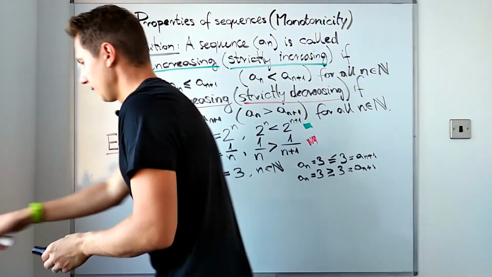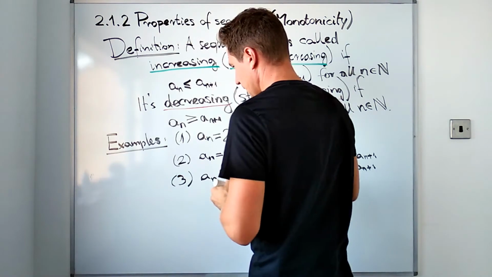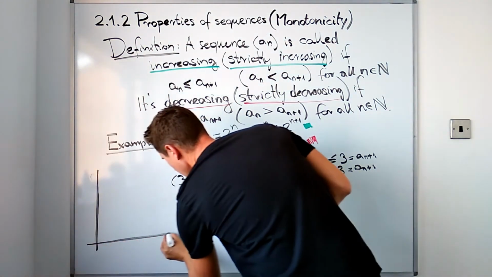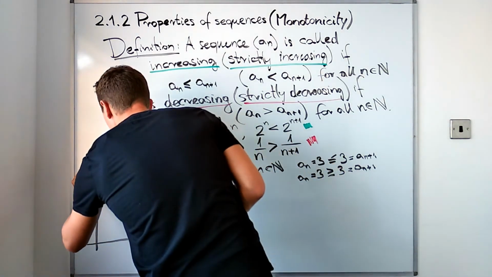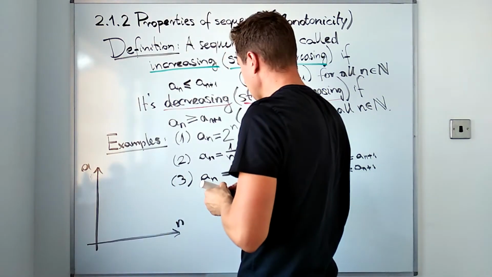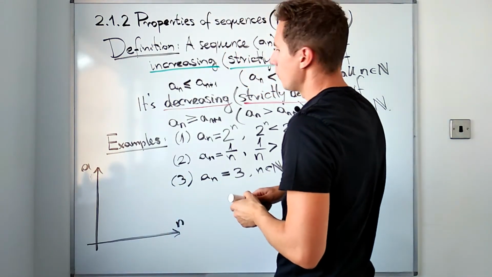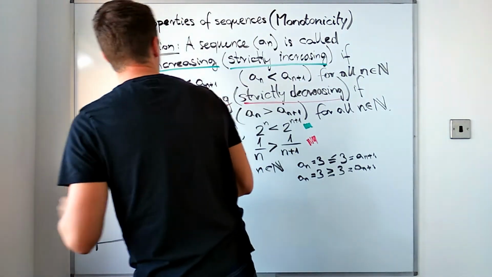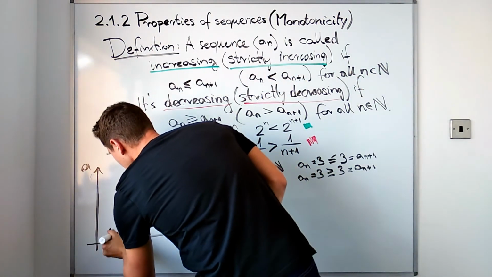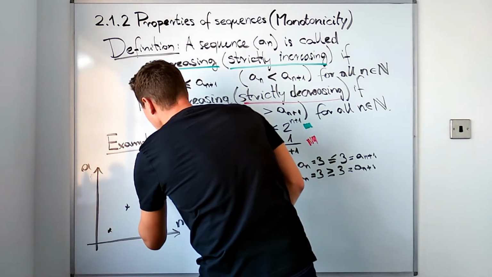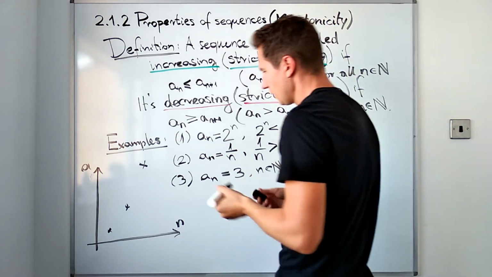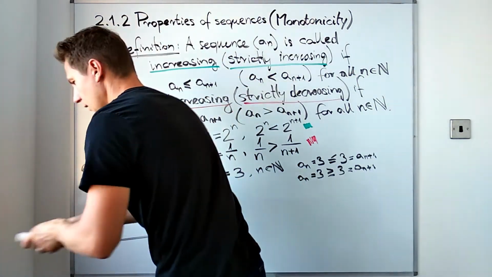Let me again use the visual representation, which I have used in the previous video, to plot the sequences. Just to give you an idea, I will sketch these sequences. For our first one, the powers of 2, you see these marks getting higher and higher. So in value, they are getting larger and larger. This is an increasing sequence.